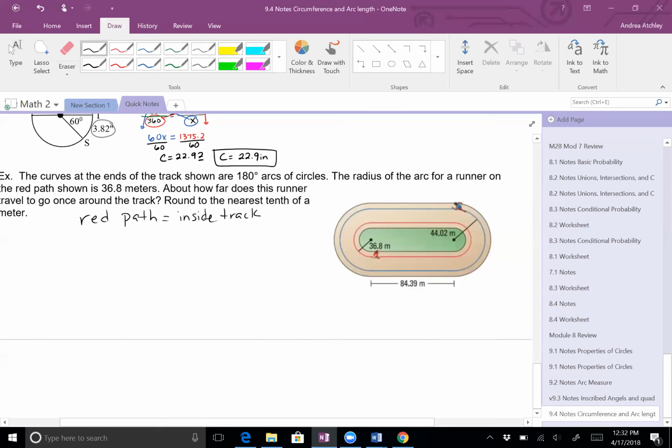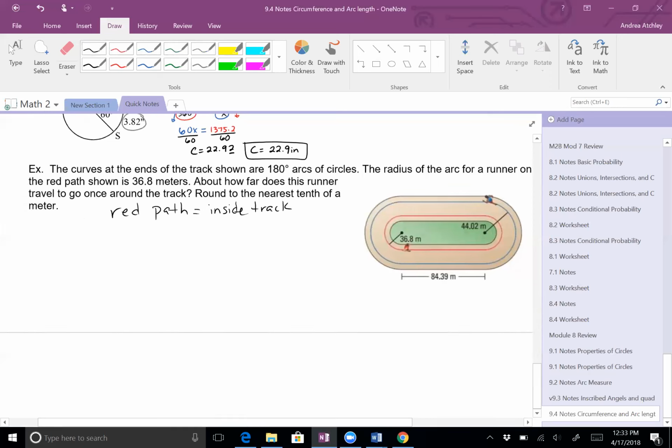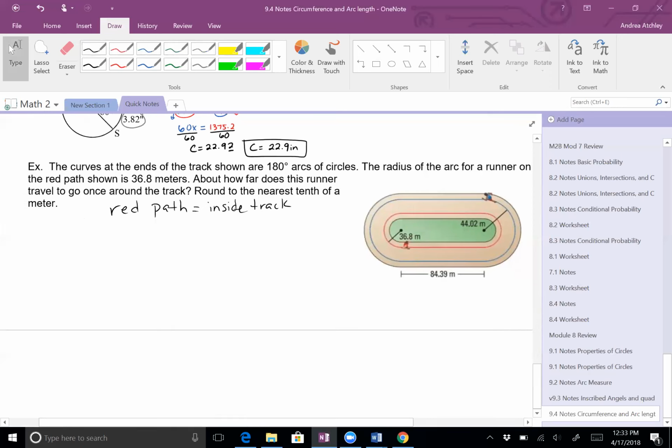So the red path is actually the inside track. Just so you know. About how far does the runner travel to go once around the track? Round to the nearest tenth of a meter.